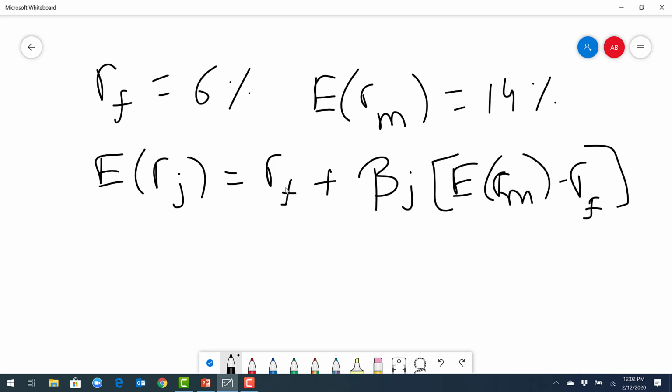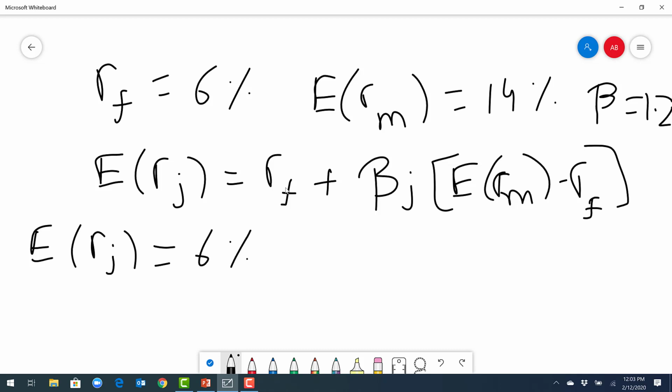So if I have a security with say a beta of 1.2, then I can compute its expected return, right? Just plugging in the numbers into the CAPM equation. ERJ is 6%, RF, plus 1.2 times 14% minus 6%.